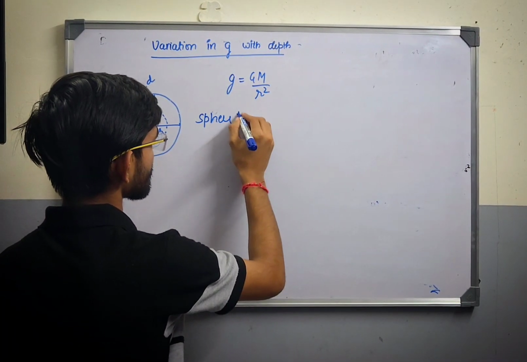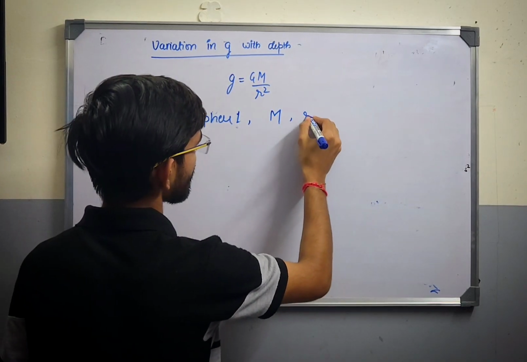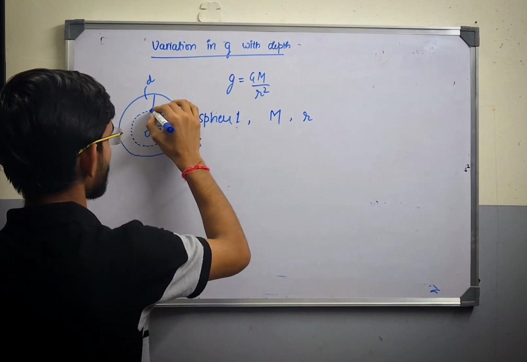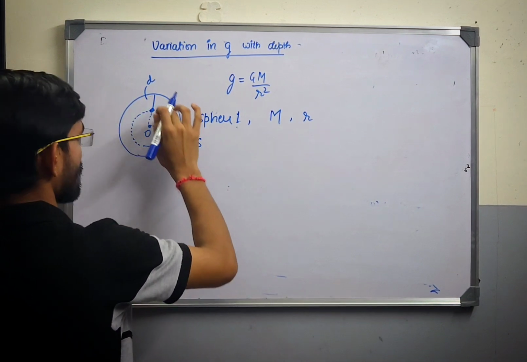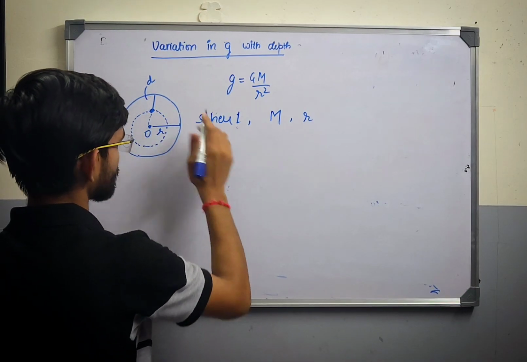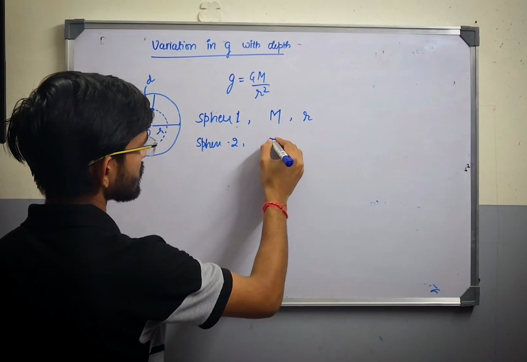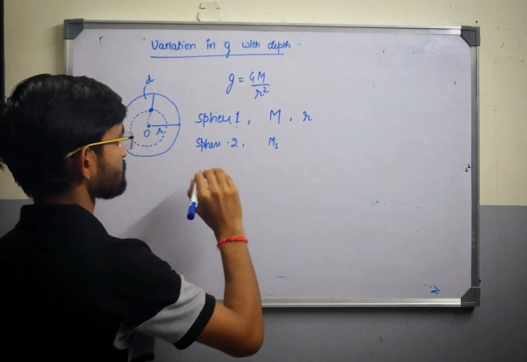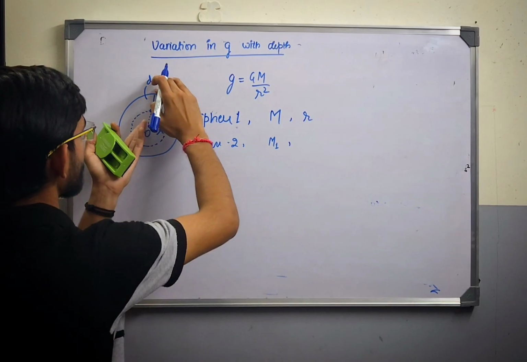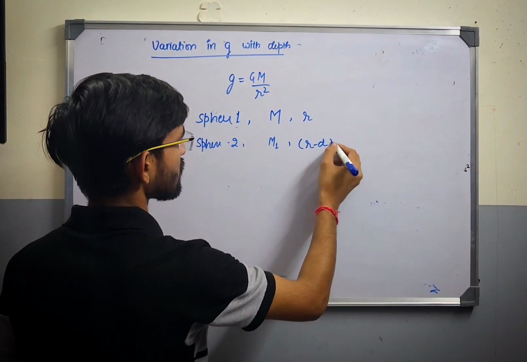Sphere 1, this is Earth, and its mass is capital M, mass of Earth, and its radius is r, and this is a smaller radius. You are at this point. Then we draw an imaginary sphere at this point, sphere 2. Its mass is say m1, and its radius will be this distance minus this distance, that is r minus d.